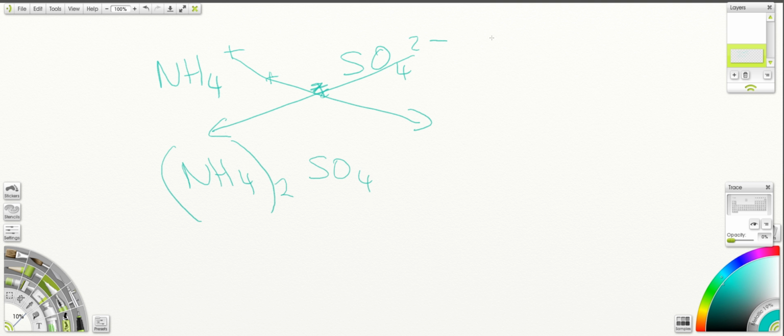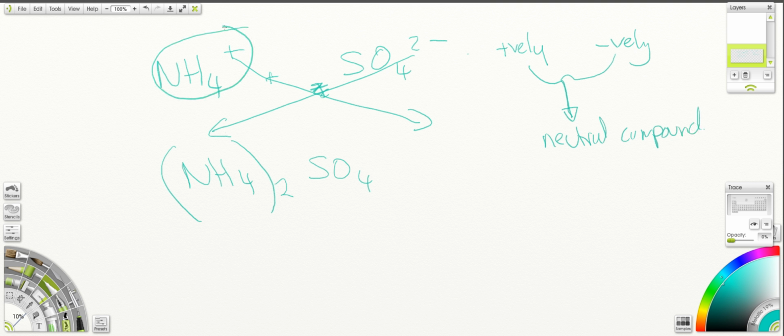A couple of things I want you to note, guys. In everything, you had a positively charged ion and a negatively charged ion. I'm just writing it in shorthand. And they came together to form a neutral compound. If you look at this example at the side, you've got your positive cation, you've got your negative anion. By the way, a negatively charged ion is called an anion.